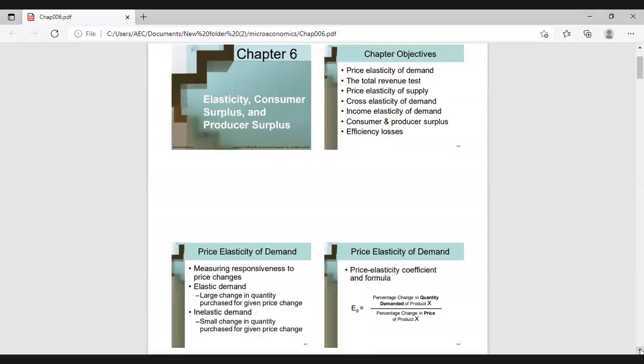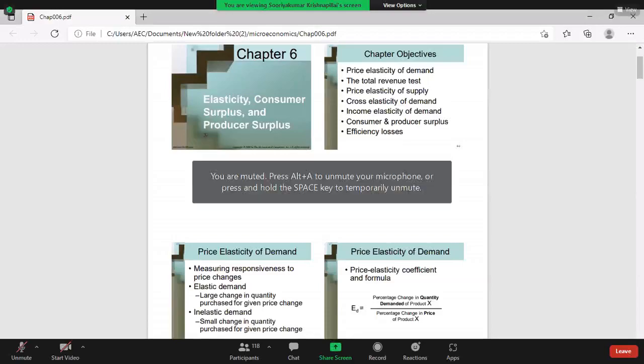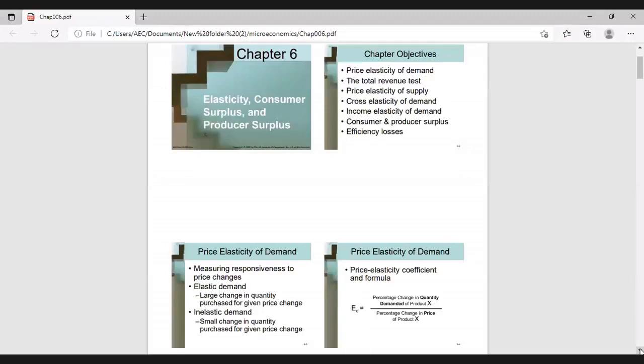So what is the formula to measure the price elasticity of demand? That is the percentage change in quantity demanded of product X over the percentage change in price of product X. That ED is the formula, or coefficient, of the price elasticity of demand.